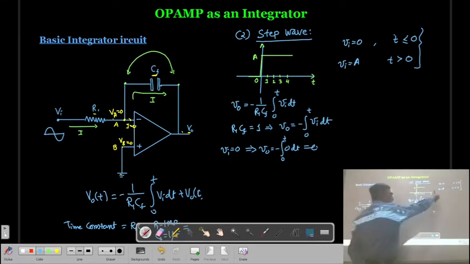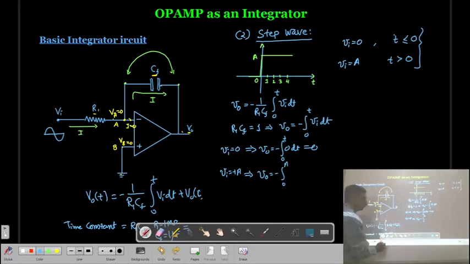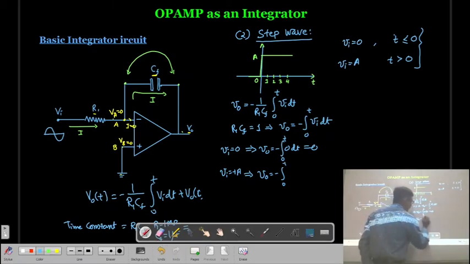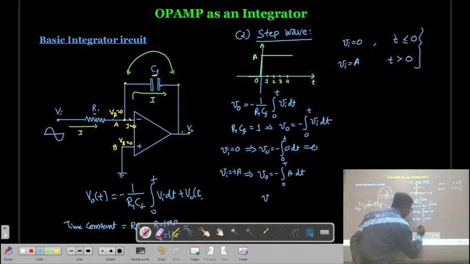But if my input voltage is Vi equal to plus A, then the output voltage will be equal to minus integration from 0 to t, and instead of Vi we write A into dt. So this output voltage of the integrator will be equal to minus A into t.